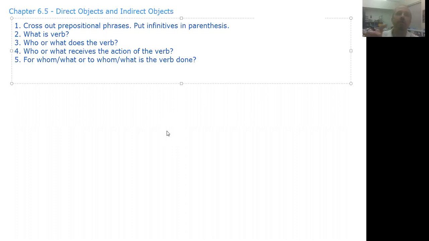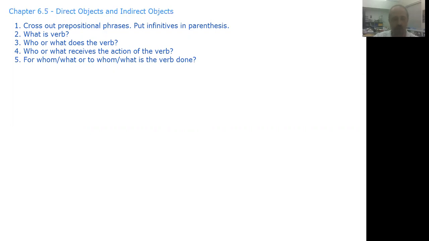And then we ask whom or what receives the action of the verb. That gives us the direct object, right? My bad. And then number 5, to whom or what or for whom or what the verb is done gives us our indirect object. Now, that might not be terribly clear at the moment, so let's look at some examples.